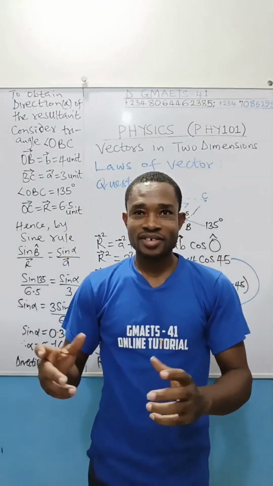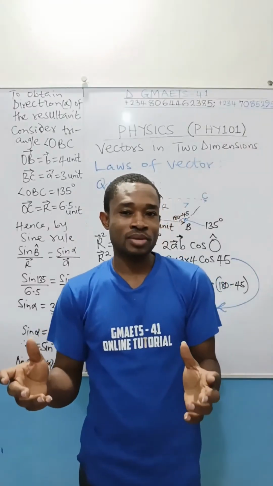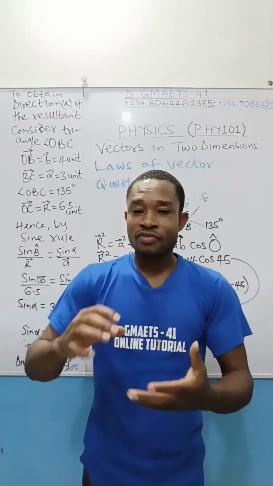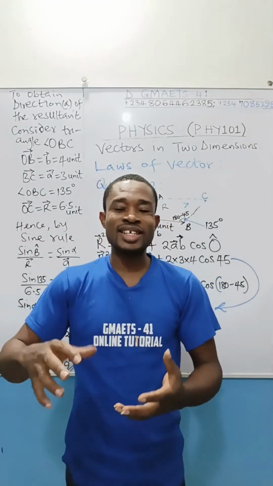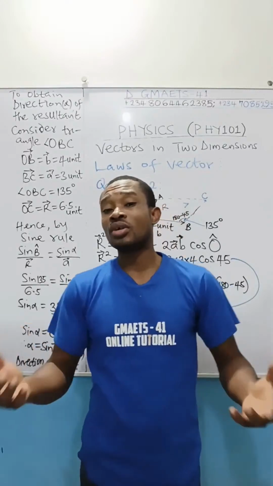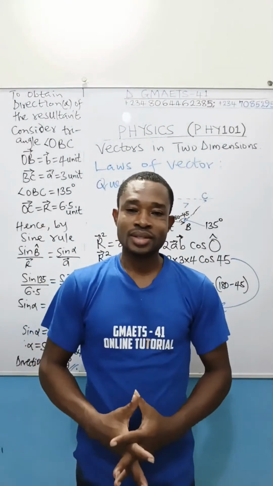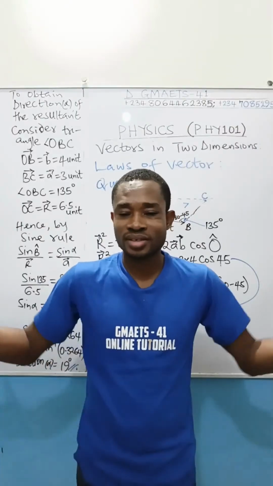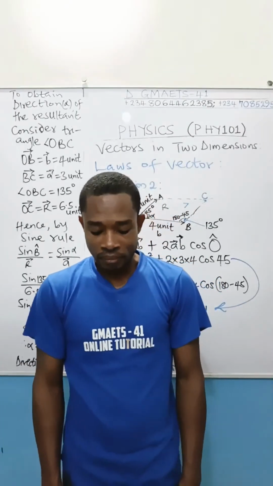In objective questions, you hardly are given problems like that. But if you're given any, it's simple to use the analytical method. On the triangular law, it's still simple. You have your sine rule, your cosine rule, and that's sufficient.